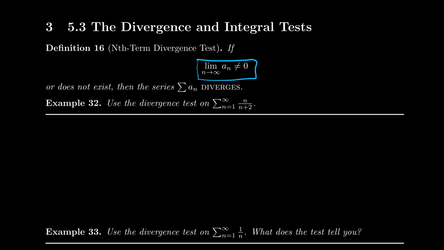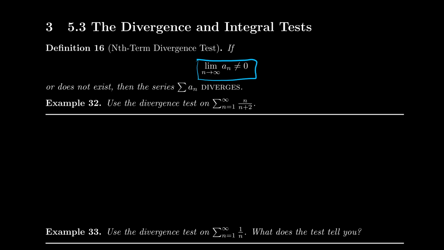So, that's the central idea of the divergence test: the actual terms of the sequence itself have to be going to 0 for convergence to be possible. Now, the most important thing about this is, notice it does not say that if the limit as n goes to infinity of the sequence equals 0, then it converges. It does not say that.